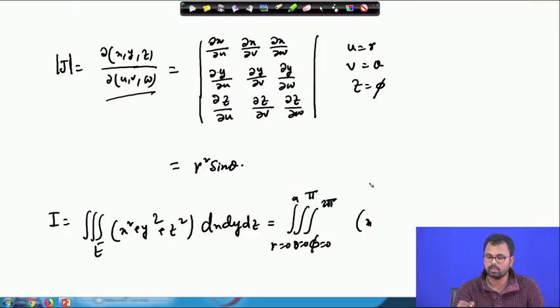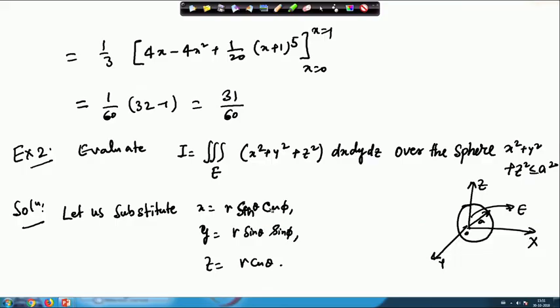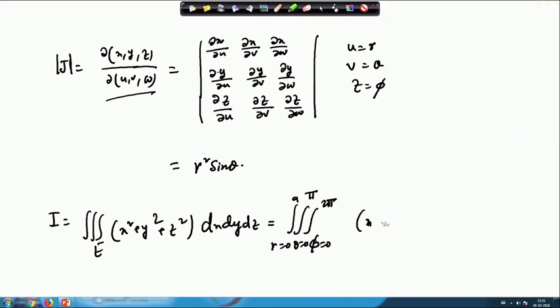If I substitute for x, r sin theta cos phi, it will be r square sin square theta cos square phi, and similarly for y it will be r square sin square theta sin square phi, and z will be r square cos square theta. We substitute all those things, and this reduces to r square times the determinant of J dr d theta d phi, with r running from 0 to a, theta from 0 to pi, and phi from 0 to 2 pi.